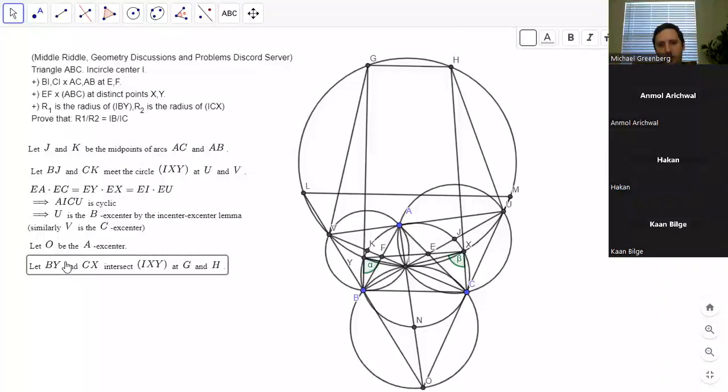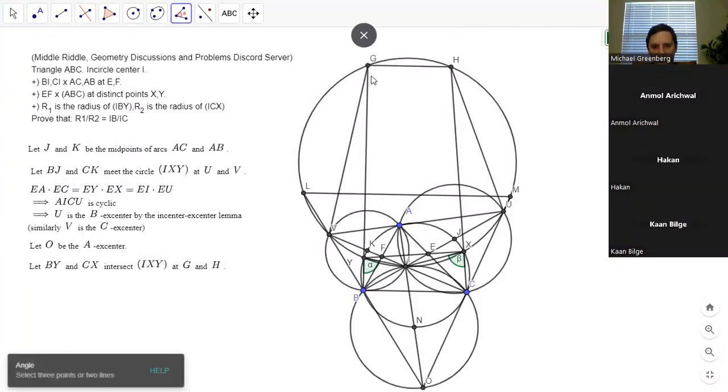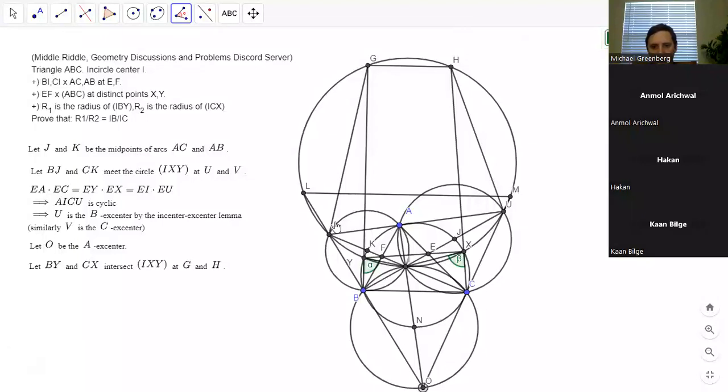Let me think about this. And in fact, I think you're saying GVO is HUO, right? So I think it was like this. Yeah, so you were showing that GVO is HUO, which is the same as showing that LM is parallel to GH.